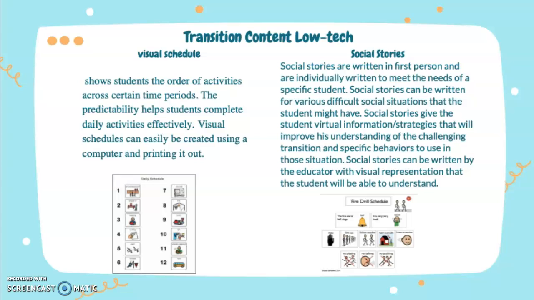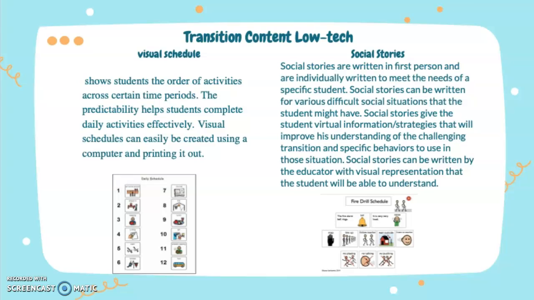Social stories is another low-tech assistive technology. Social stories are written in first person and are individually written to meet the needs of a specific student. Social stories can be written for various difficult social situations that the students might have.